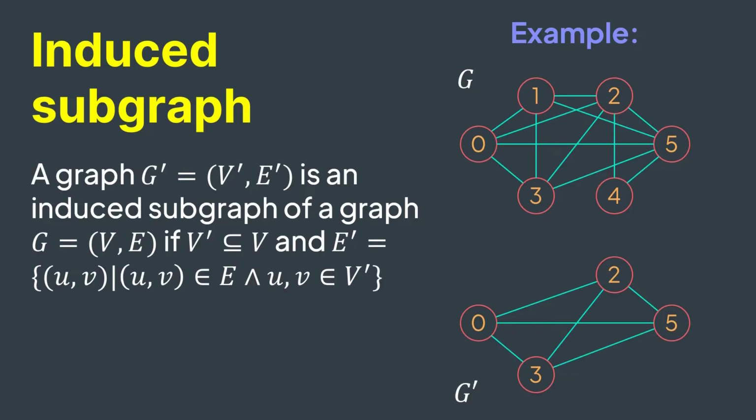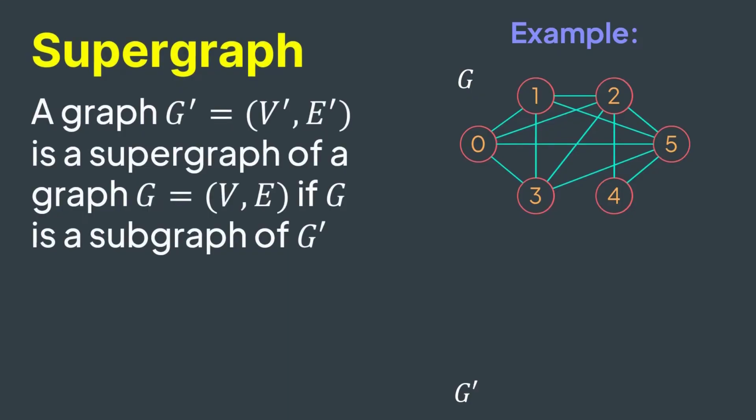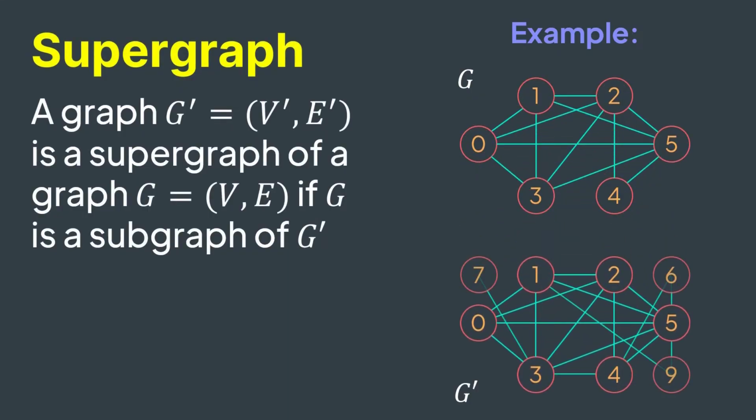In the example, we removed two vertices and kept all edges, except the ones that are incident to vertices we removed. And the opposite of subgraph is supergraph. If we take a graph G and add to it some vertices and or some edges, we would have created a supergraph of G. We can say that if G' is a subgraph of G, then G is a supergraph of G'.